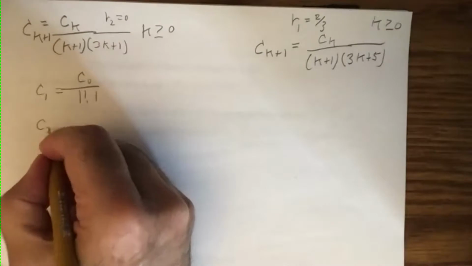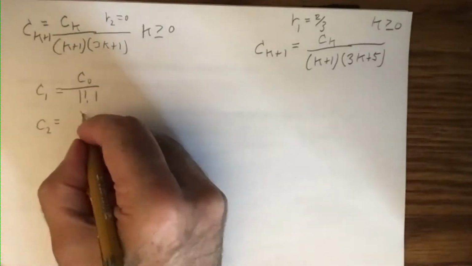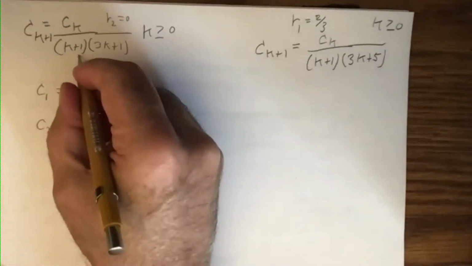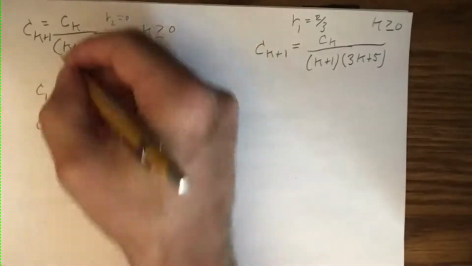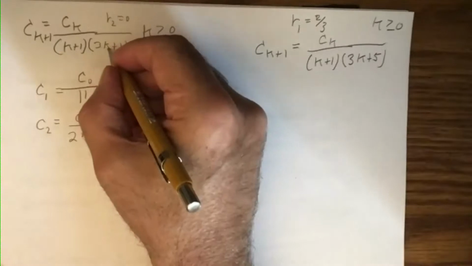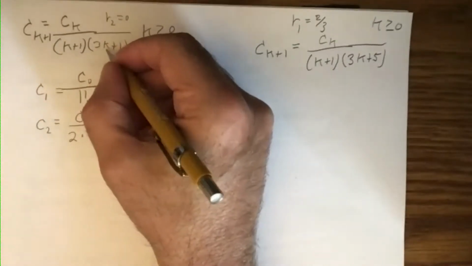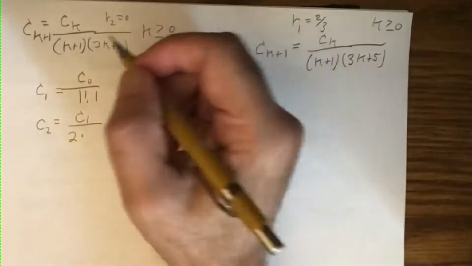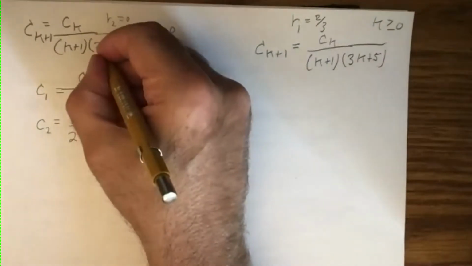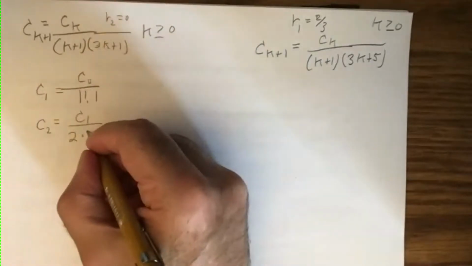Then C2 is going to be equal to C1, and then this is going to be 2, when I put 1 in here. Now when I put the 1 in here, this is 3k, so it's going to be 3, so this is going to be 4.